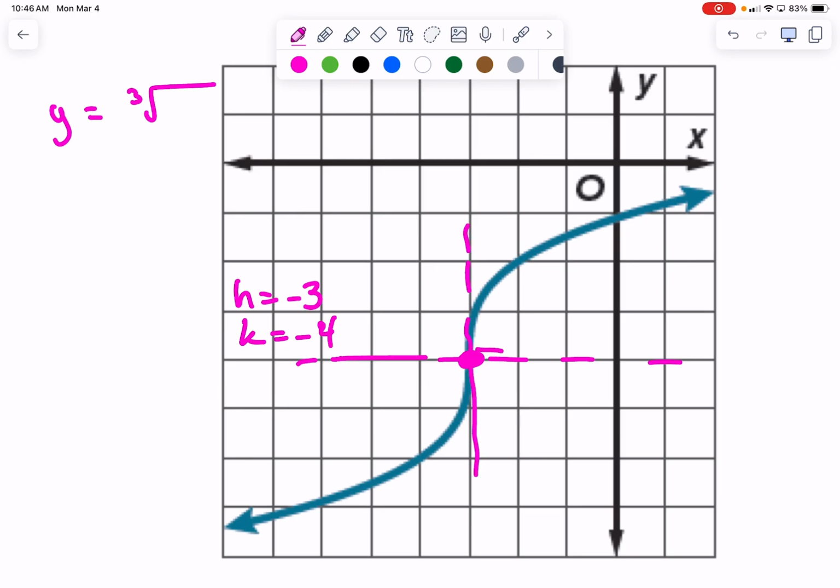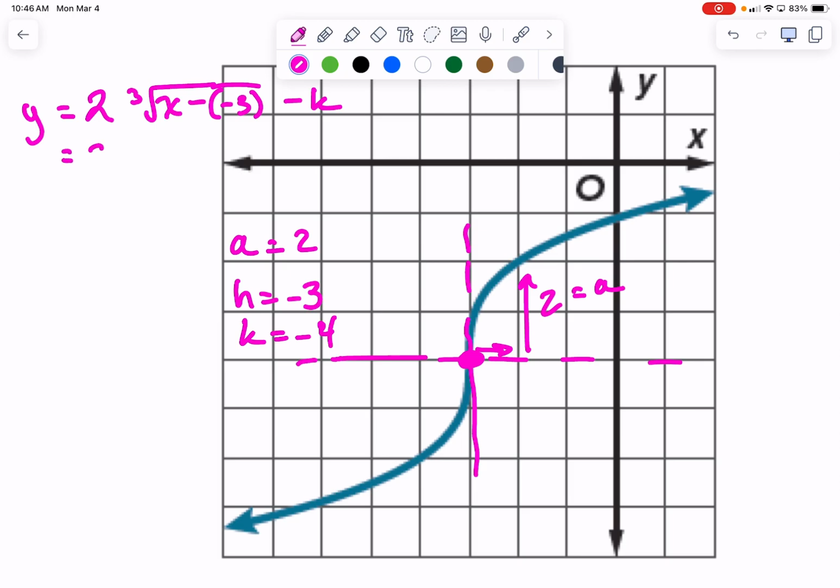If I go to the right one, how many am I going up or down? Up 2. So what does this mean for my a value? It's 2, right? So what comes right after the equal sign? The 2. And then x minus my h, which is negative 3, and minus k.